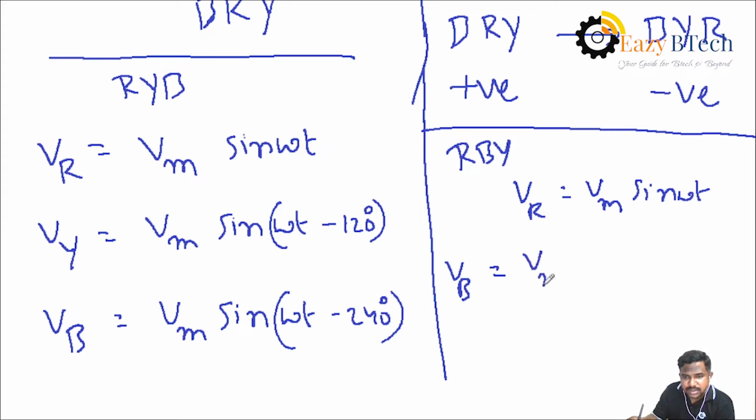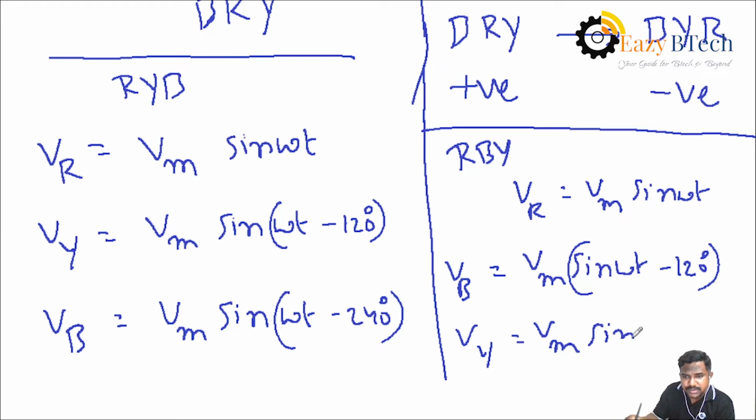For B phase, between R and B in negative sequence, the phase difference becomes 120 degrees. Similarly, VY, between R and Y, the phase difference becomes 240, sin omega t minus 240 degrees. So these are the basic concepts regarding the phase sequence.